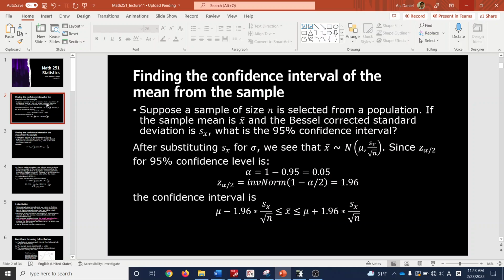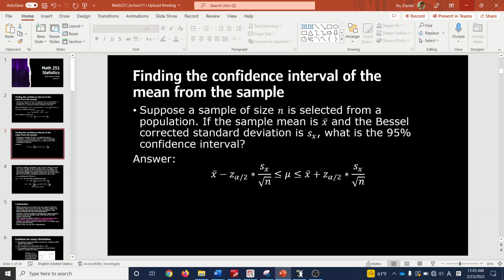So this is what we did last time, finding the confidence interval of the mean from the sample. And we were using the z critical value. And we have this formula for the confidence interval. The formula for the confidence interval is something like this.